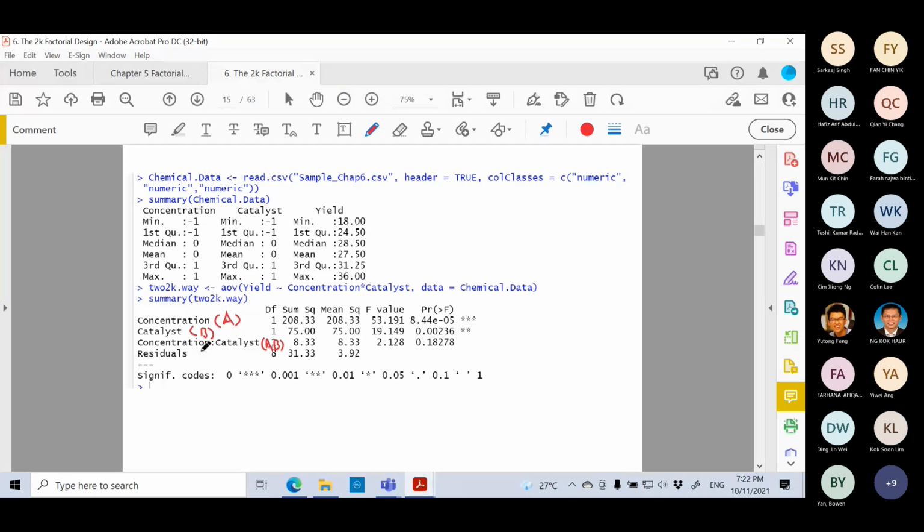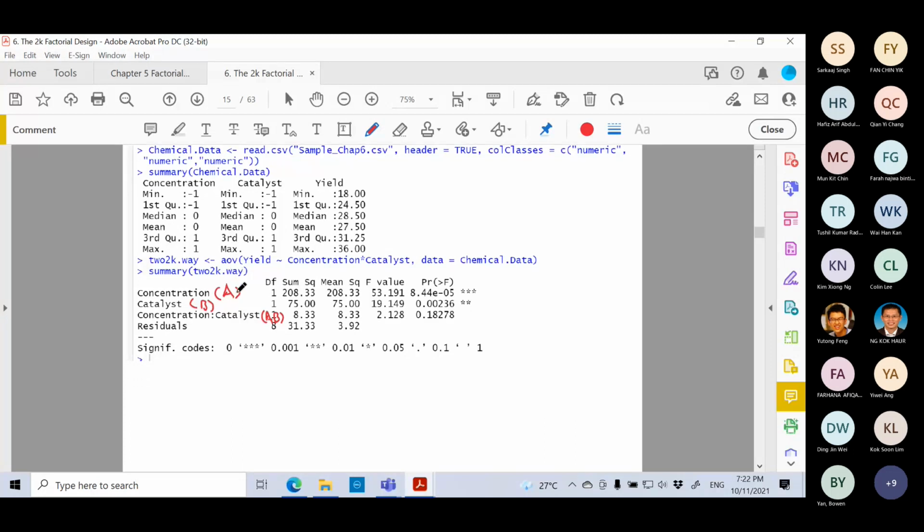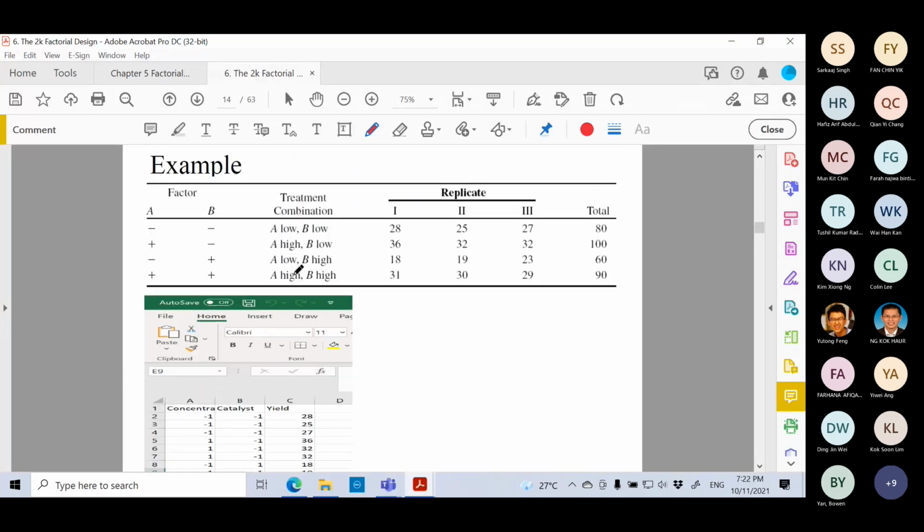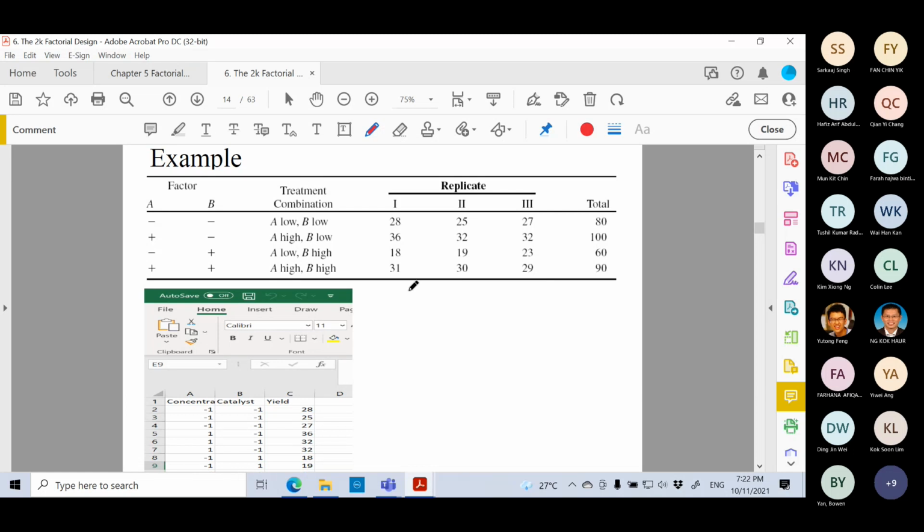So again, for the calculation here, when you calculate the sum of square for the total, you are using the similar thing. You have a summation because you have 3 levels.